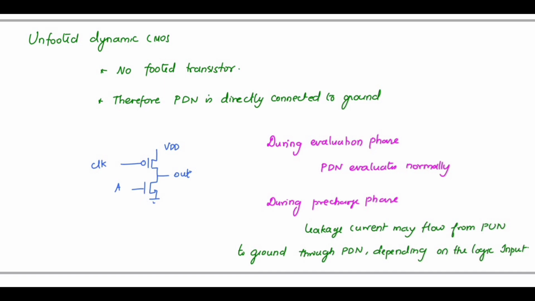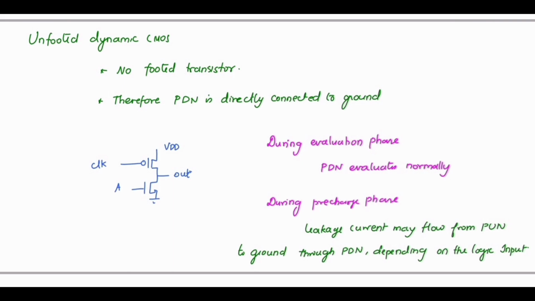Next, let us discuss unfooted dynamic CMOS logic. Here there is no footer transistor, as you can see, and therefore the pull down network is directly connected to ground. What happens during the evaluation phase? If the A value is 1, the output is connected to ground.